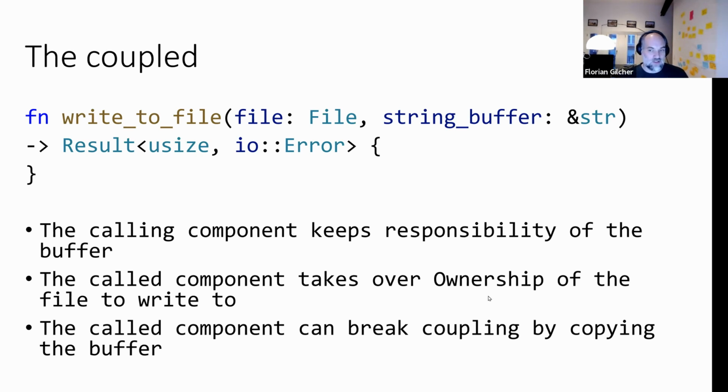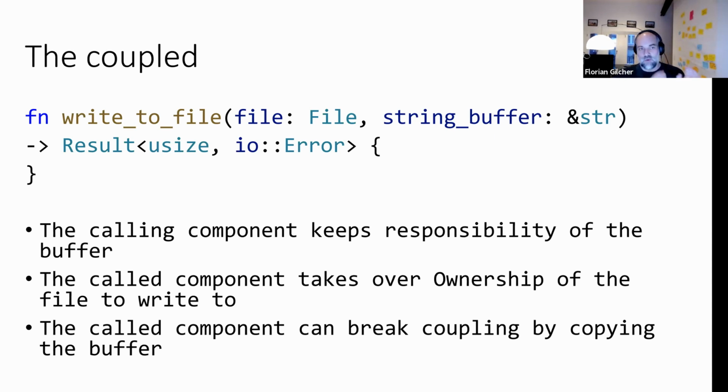The called component takes over ownership of the file to write to. So the first component does not care what happens to that. And the called component can break that coupling by copying the buffer. That is completely feasible. It can say, okay, I need to keep this around for longer.